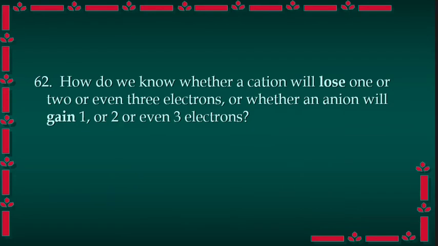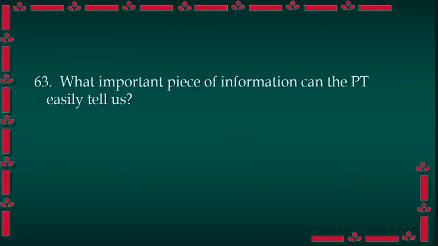How do we know whether a cation will lose 1 or 2 or 3 electrons, or whether an anion will gain 1 or 2 or 3? We look at our best friends. What important piece of information can the periodic table easily tell us?